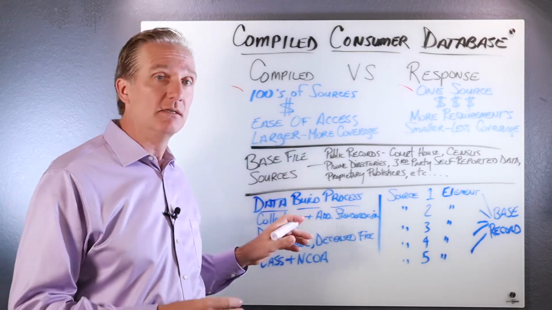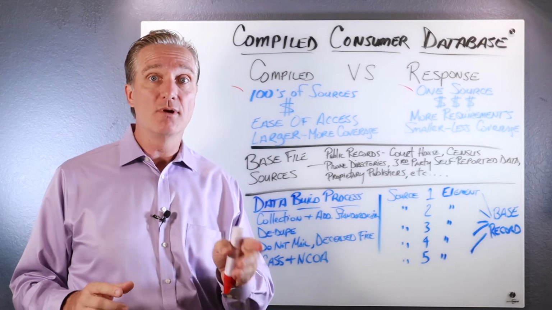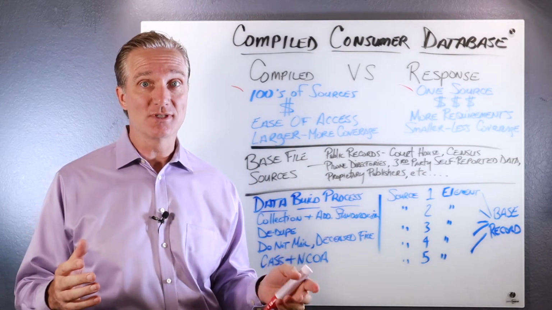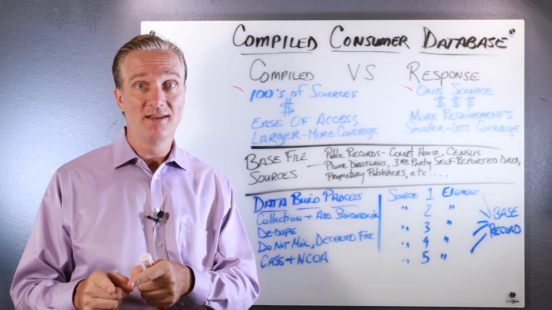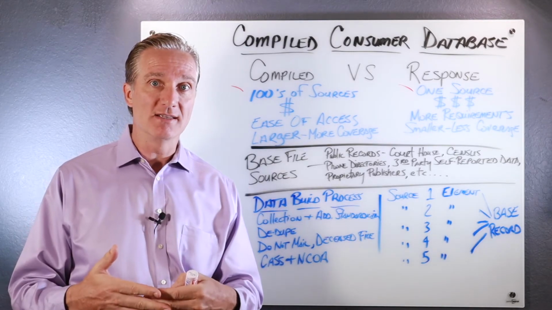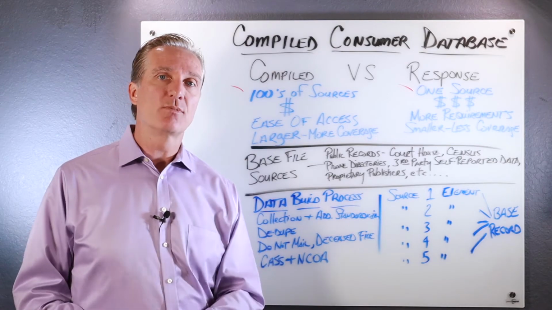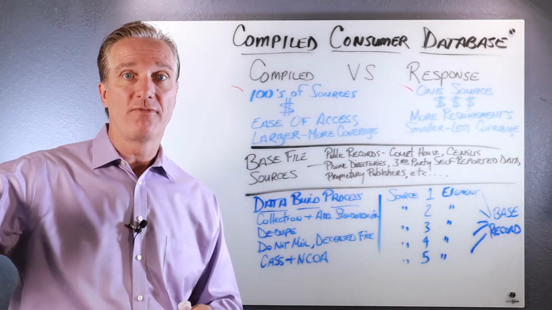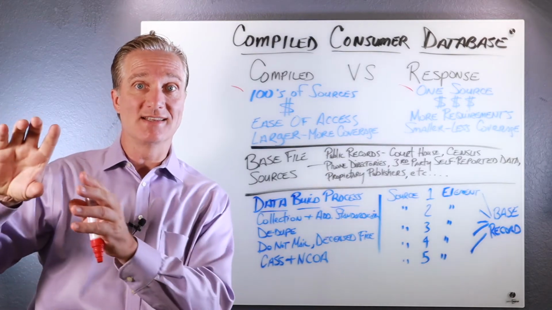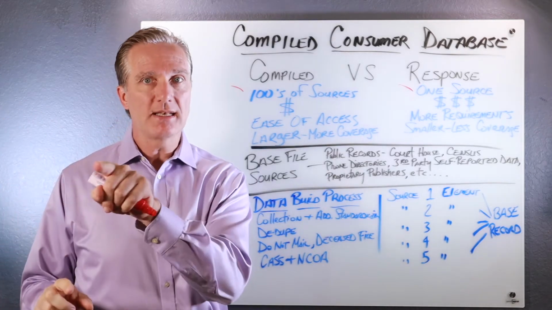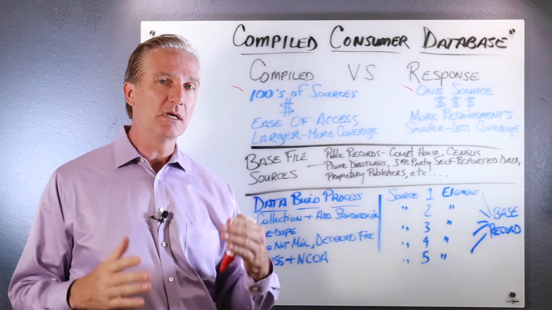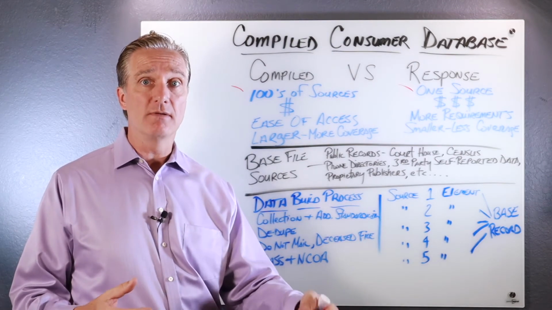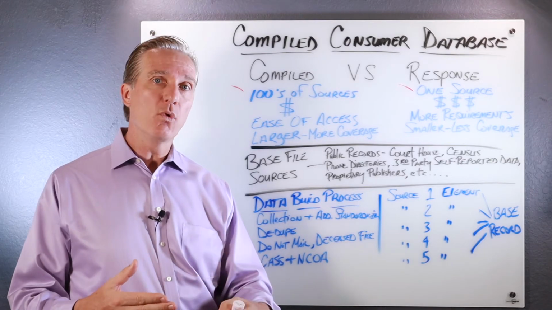We can then dedupe them, so we have one Brian Berg at this one address. We know if 6 or 7 different sources said Brian lives at this address, because all the addresses are standardized and the same, then we know that that's probably where he lives. Whereas if we have an outlying 4th or 5th or 6th source that says that he lives elsewhere, that address is questionable. So typically a compiled database has records that have been multi-verified from multiple sources before they're added on to the database.